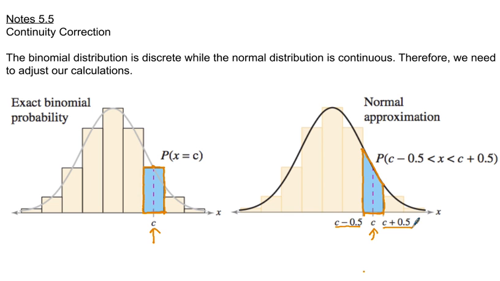So for the normal approximation, we always have to do a continuity correction where we subtract a half and add a half. Now this does get a little more complicated because depending on what symbol we have in the original problem, we actually have to think of the numbers that we're looking at. All right, so let's see what this actually means in some examples.